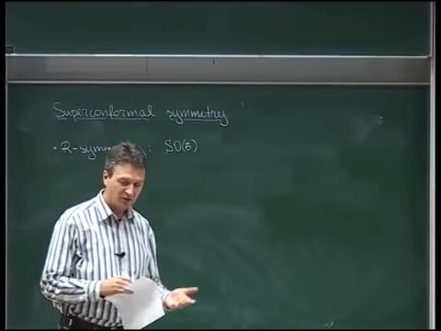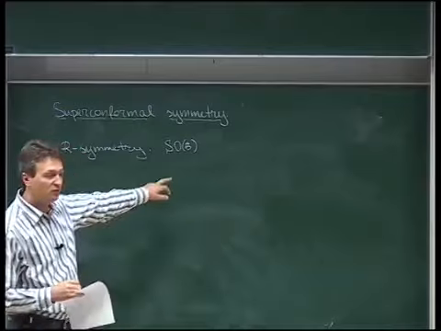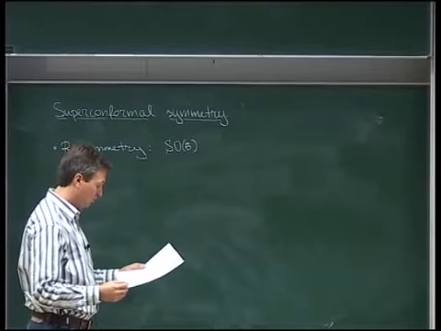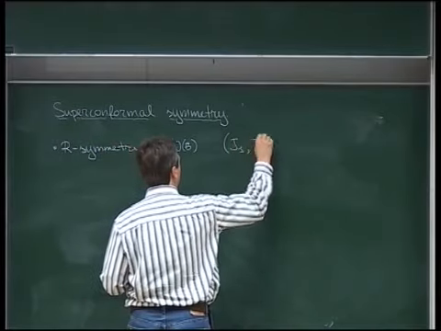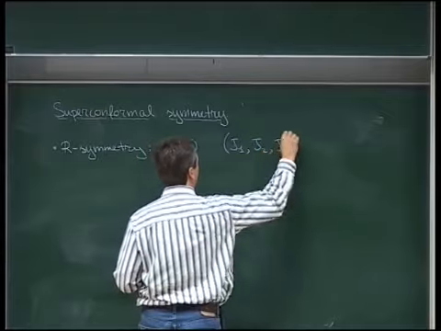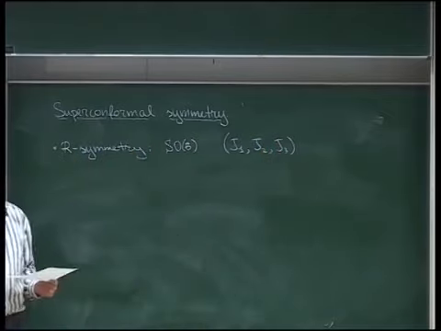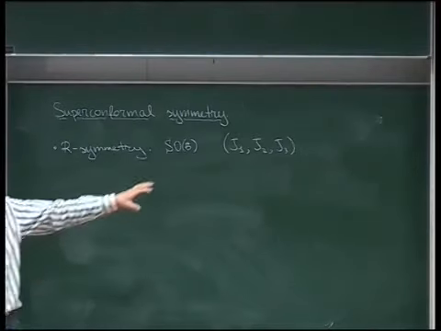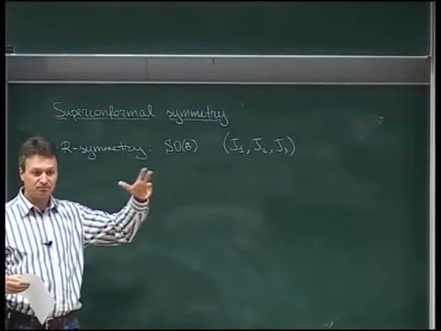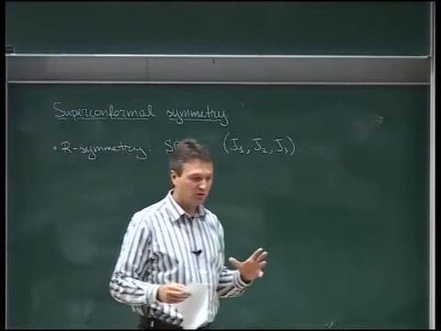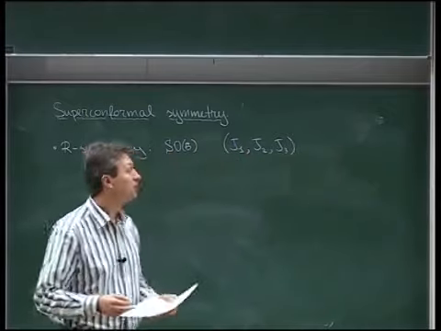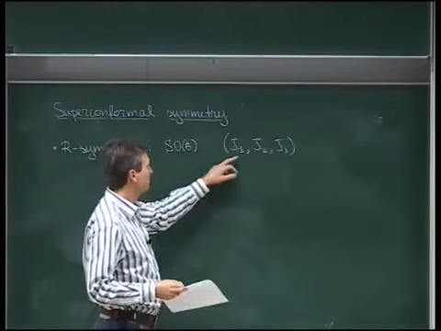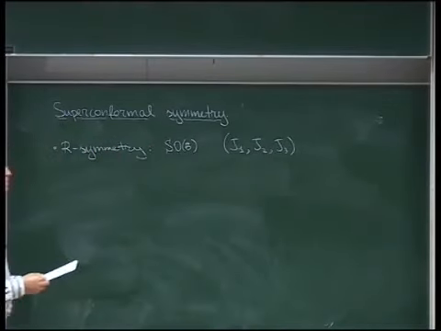States or operators should be characterized also by the representation of SO(6), by some extra 3 quantum numbers, which can be a set of 3 angular momenta. SO(6) is a group of rotations in 6 dimensions, so it's characterized by angular momenta, and there are 3 of them, and they can be integers or half integers.